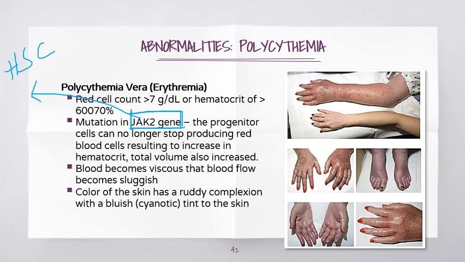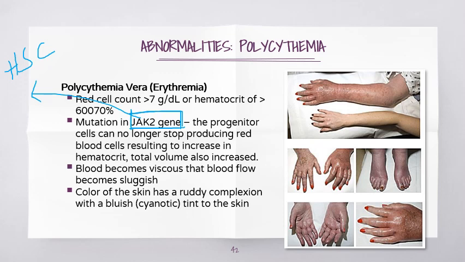So, what happens here is that blood flow will become sluggish. So, this may affect what system? The system discussed last week, your cardiovascular system, right? So your heart will have to work twice as hard to pump sluggish blood. So eventually, there are consequences in other systems, particularly in your cardiovascular system.